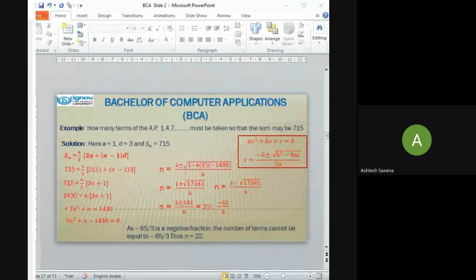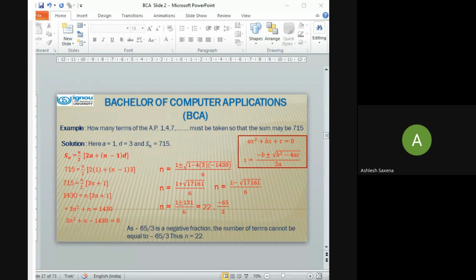I am repeating it. This is basically for a quadratic equation, and the general form of the quadratic equation is ax square plus bx plus c equal to 0, and the solution for it is x is equal to minus b plus minus under root b square minus 4ac upon 2a. This is the second method by which we can find the value of x in the case of a quadratic equation.